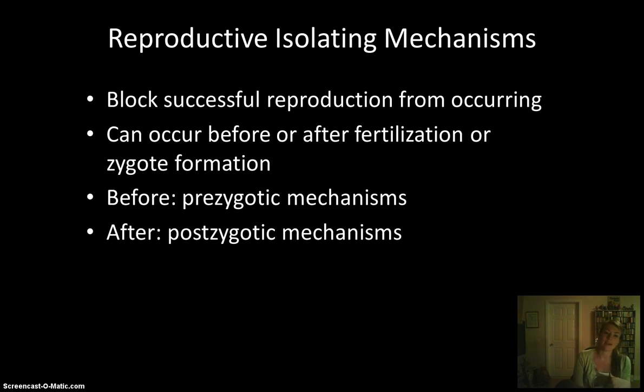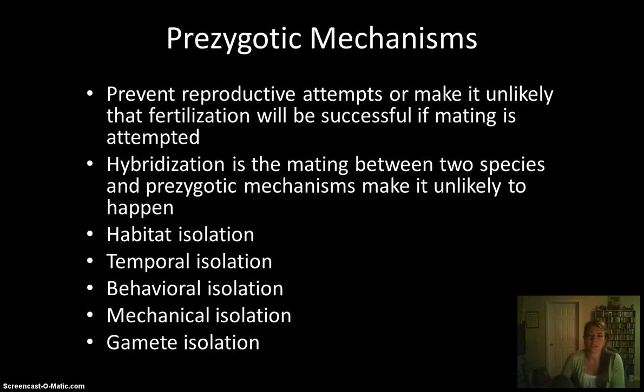And if it happens after fertilization, after we've made a zygote, we call it a postzygotic mechanism. The prezygotic mechanisms prevent reproductive attempts or make it unlikely that fertilization will be successful if mating is attempted. So basically anything to prevent the sperm and the egg from forming a zygote.